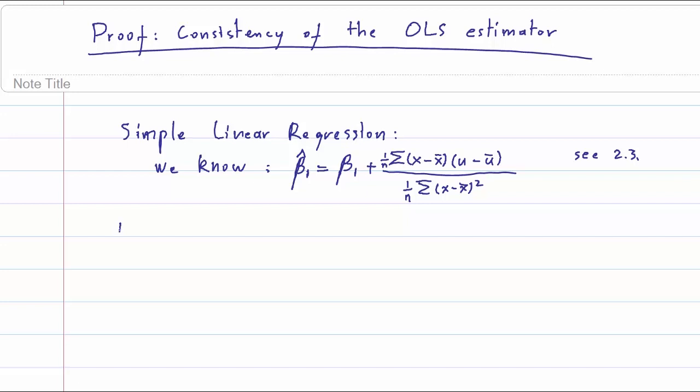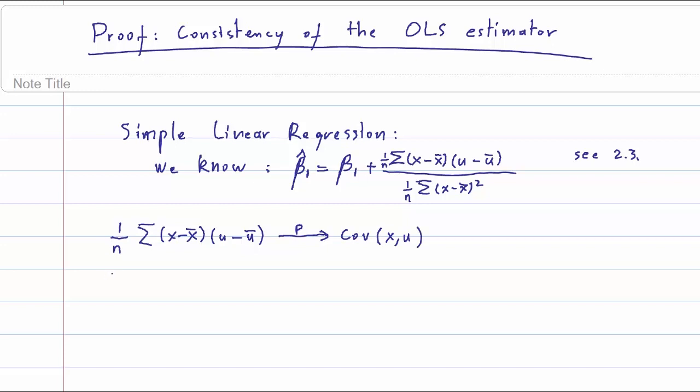So for the top part, 1 over n, sum of x minus x bar times u minus u bar, this converges in probability toward the covariance of x and u.